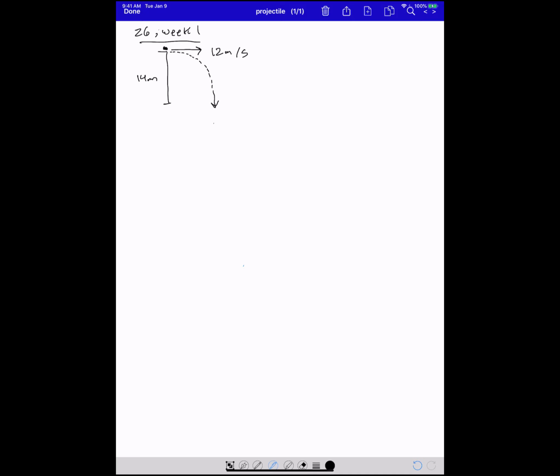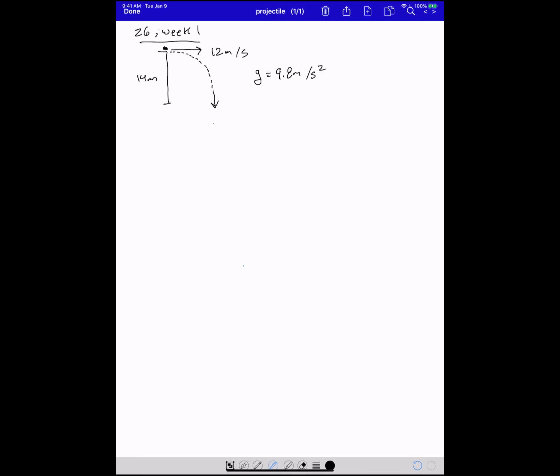Now, this isn't given to us, but we know it. It's going to be falling at gravity. And gravity, g, is 9.8 meters per second squared. So we've got a ball flying in the horizontal at 12 meters per second. We've got a ball flying toward the ground at the rate of gravity, which is 9.8 meters per second squared.